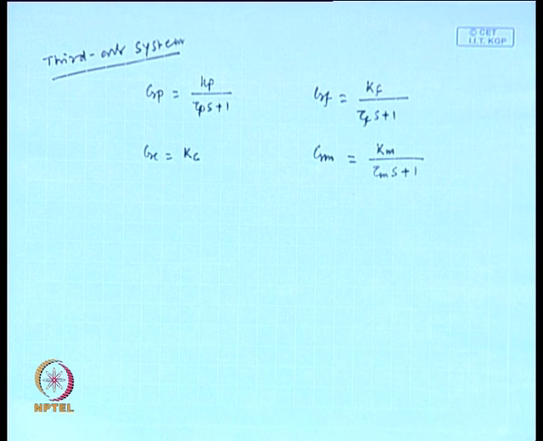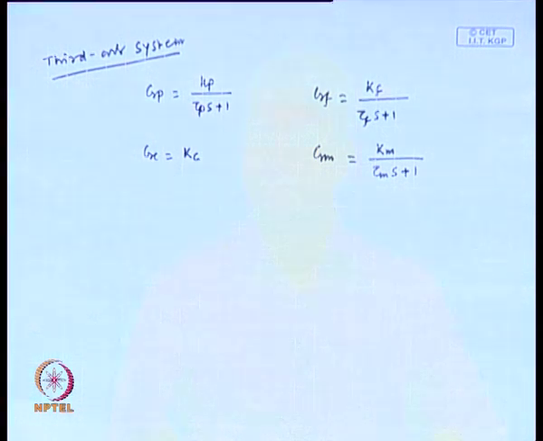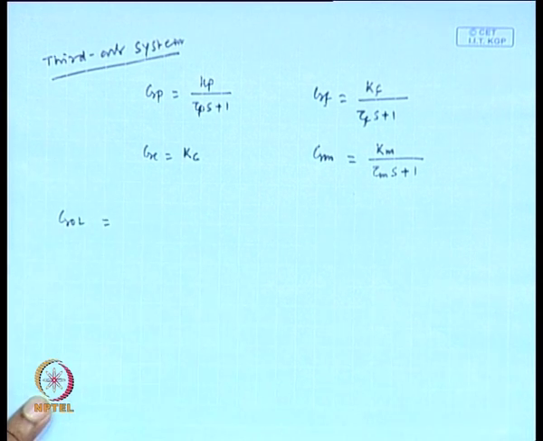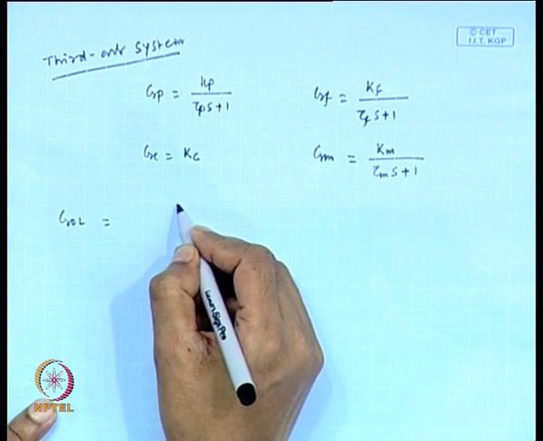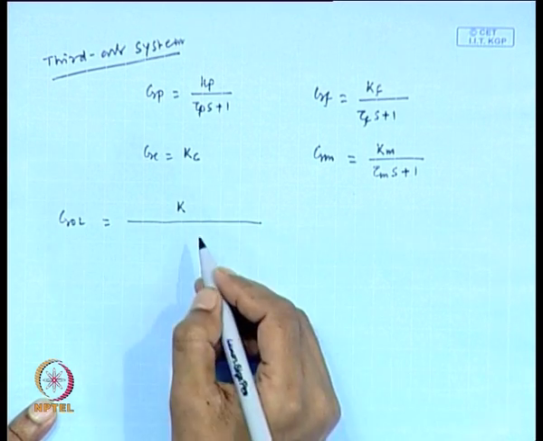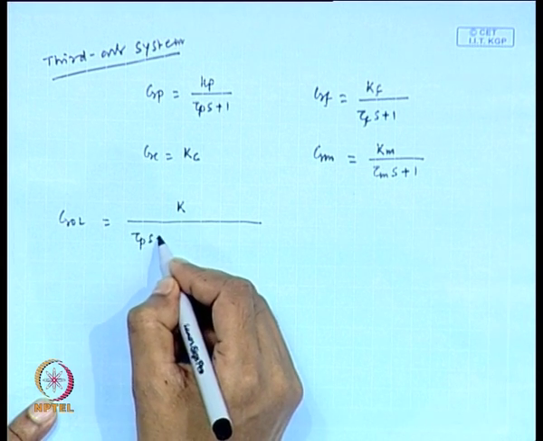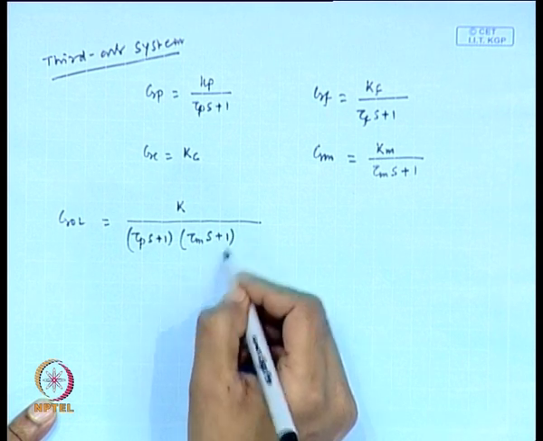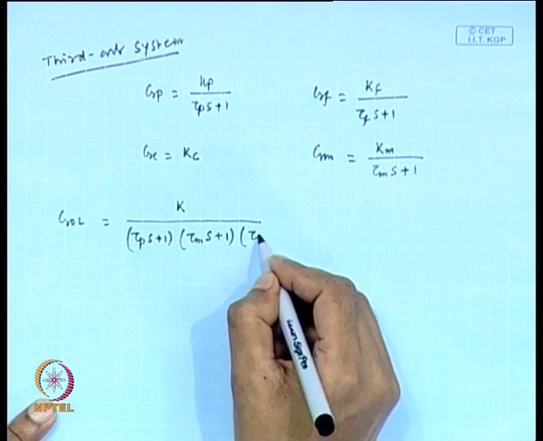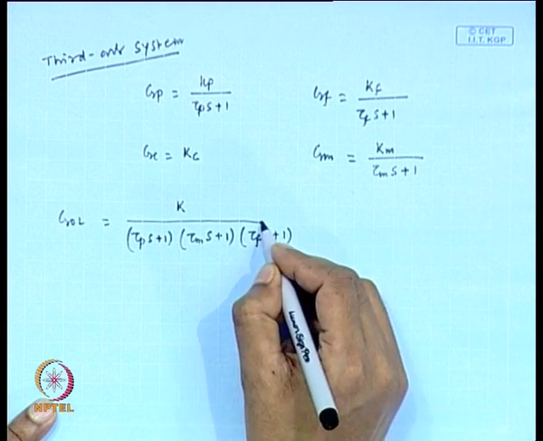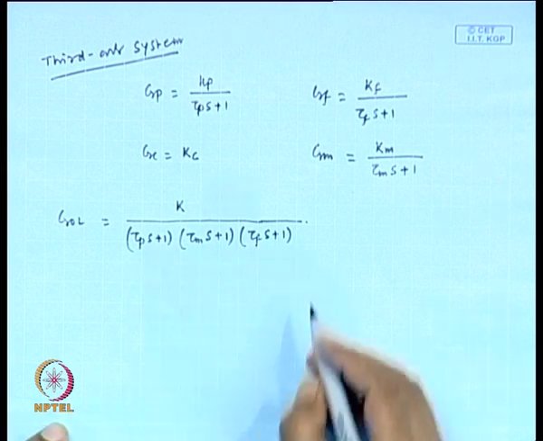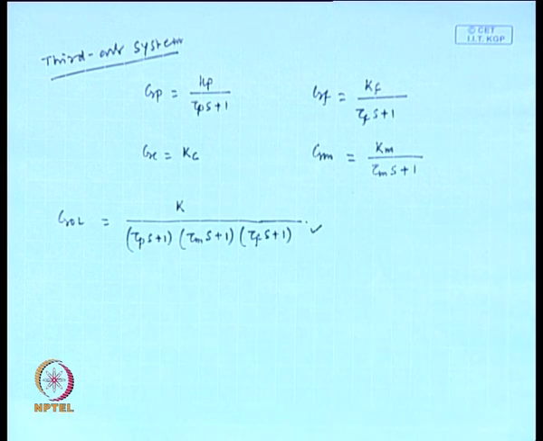These are the 4 individual transfer functions. So, obviously, the open loop transfer function becomes a third order transfer function. I mean, we can write it as K divided by tau Ps plus 1, tau Ms plus 1, tau Fs plus 1.